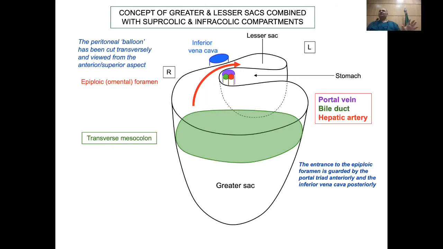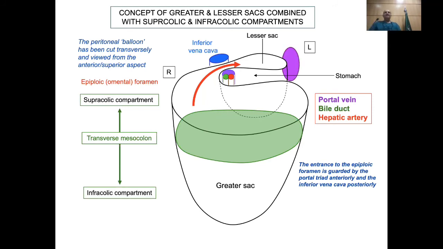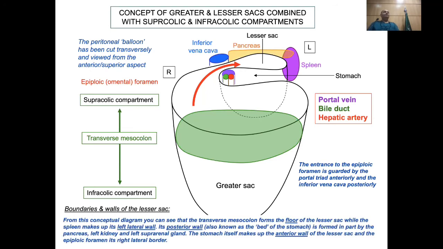Now if I use this term, you know it. What is an intraperitoneal organ? Yes or no? So now, this mesentery is the one which divides into supra and infracolic compartments. So let's put the organs here. This ovoid thing is my spleen. There is my pancreas. Are we good?